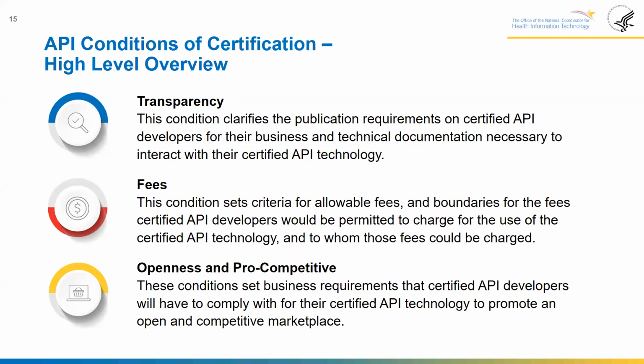Also, there are business requirements to ensure that if the terms and conditions or the underlying API technology are changed, enough information is provided to the app developers, the API users, so that the usage of these APIs in production environments has the least disruption possible. With that, can we go to the next slide, please?